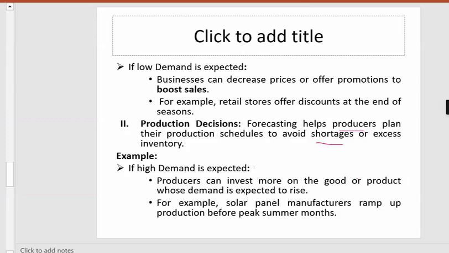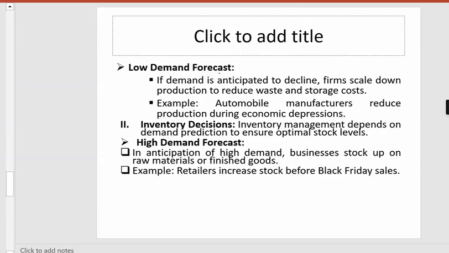Increase amount of goods. Okay? Wanaongeza amount of goods in order to meet the demand. Sawa. Also for the lower side, if demand is expected to decline, manake firms have to scale down their production.